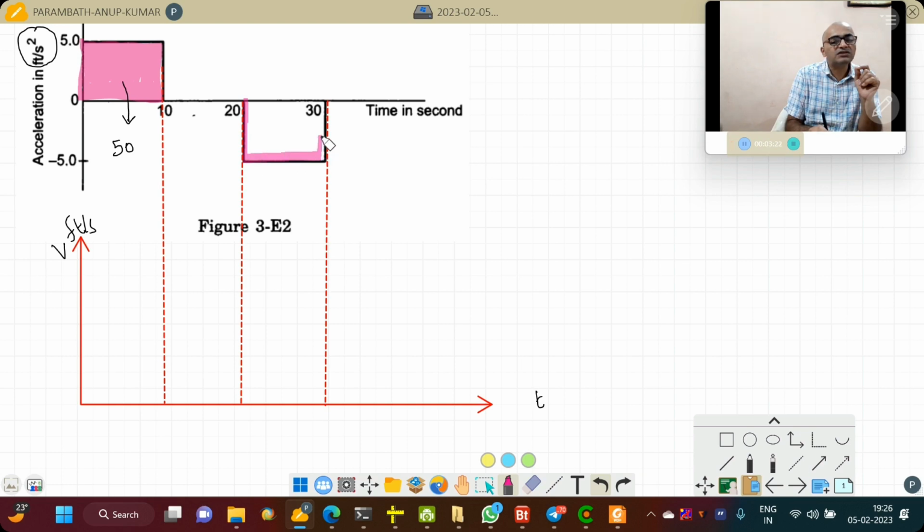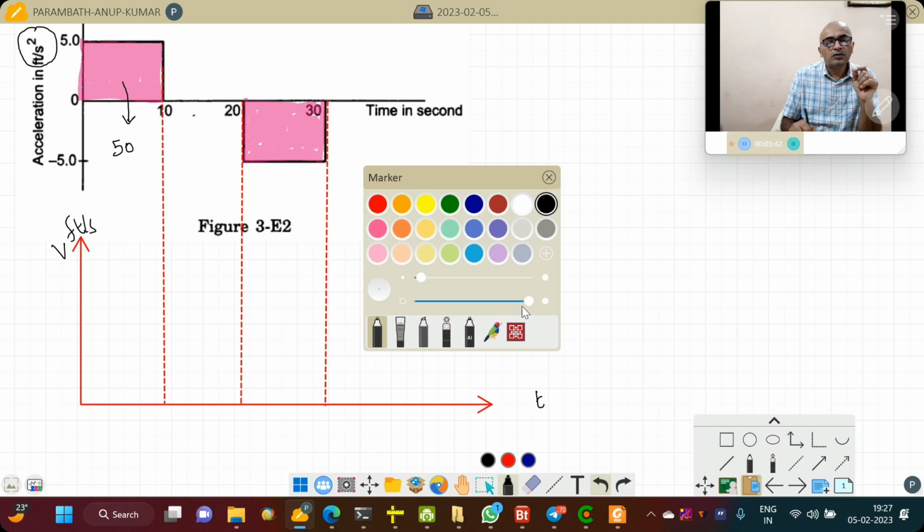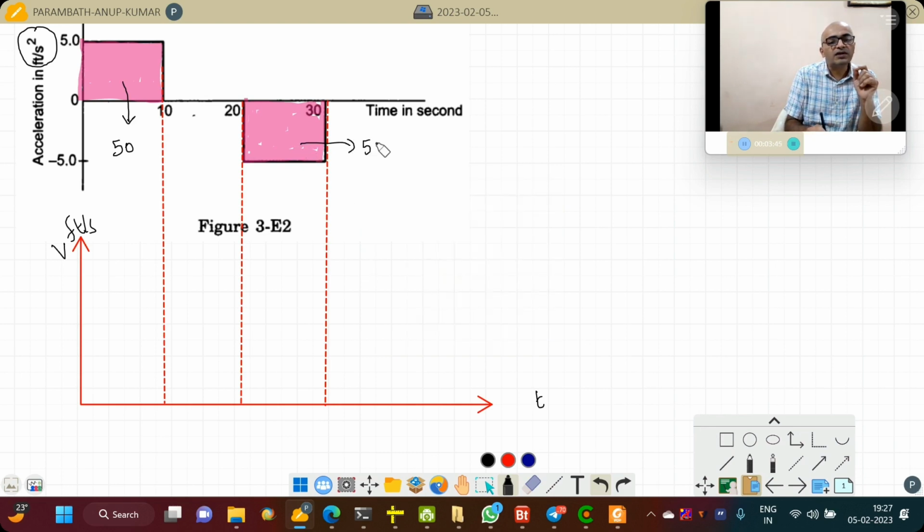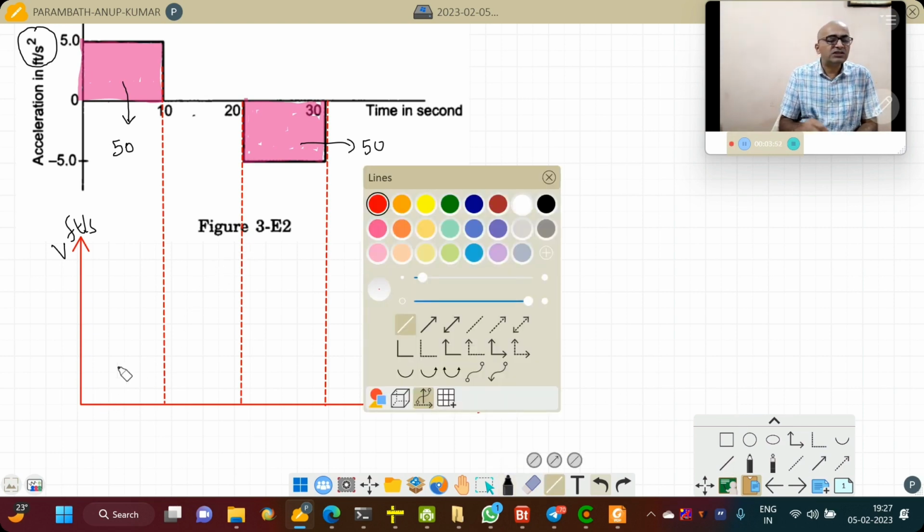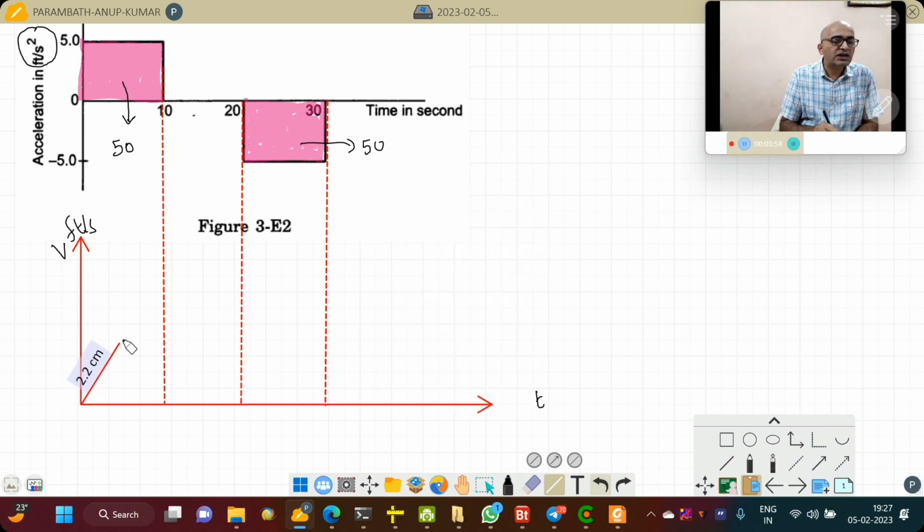You carefully see this. Length into breadth. Here the length is 10 seconds, and the height is 5 feet per second square. Therefore, this area is also 50. So, students, the initial velocity, which is 0, increased to 50 feet per second.